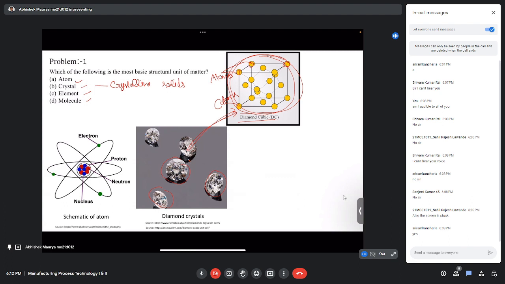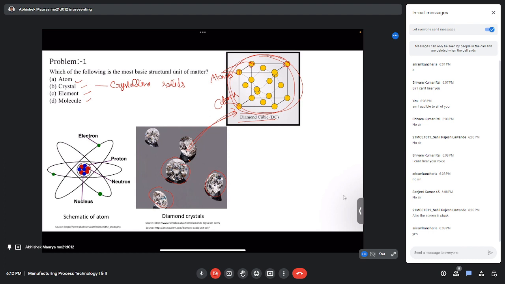So what is the element? Element is the identity of the different materials which have unique properties. Like gold, silver, iron.